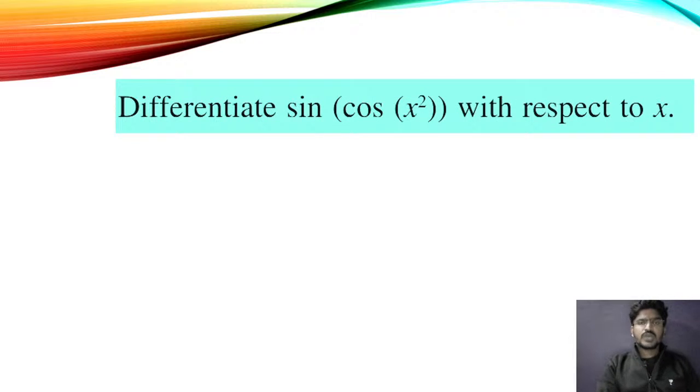Okay, you can see here sine of cos of x square. This is f, this is g, this is h. So you have to follow the f of g of h of x rule.